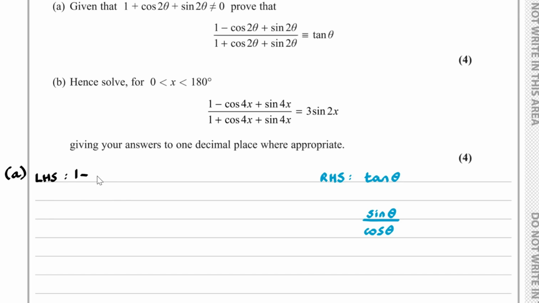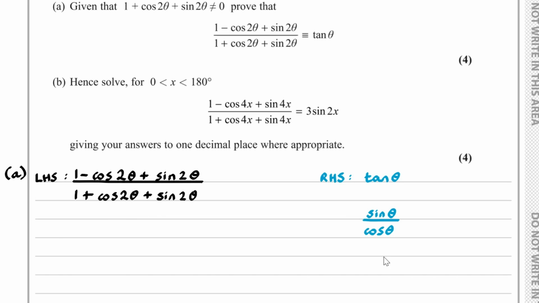We've got 1 minus cos 2 theta plus sin 2 theta over 1 plus cos 2 theta plus sin 2 theta.